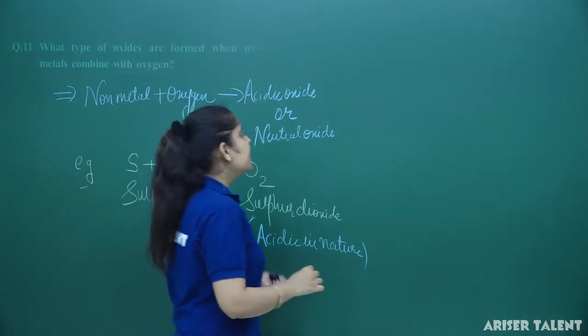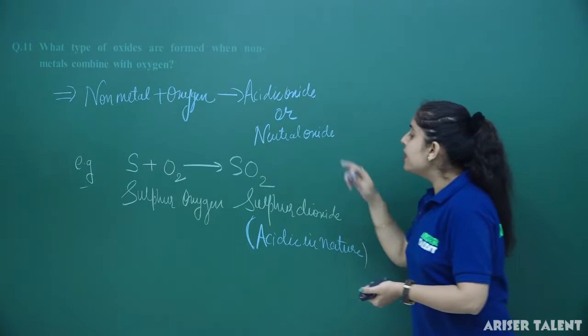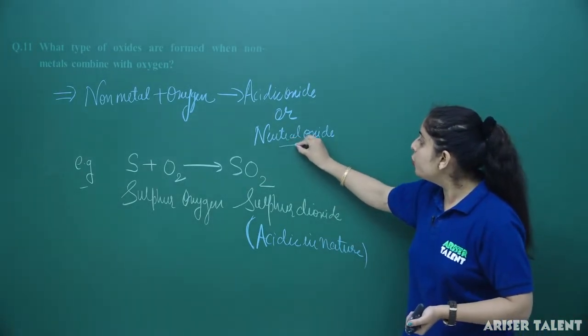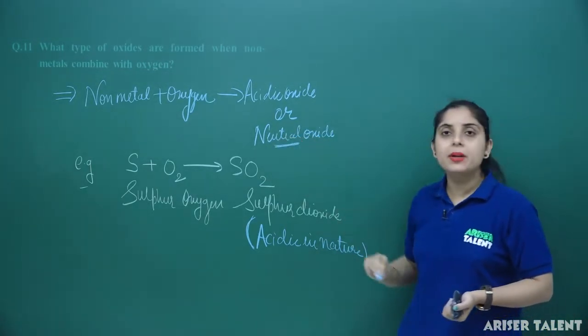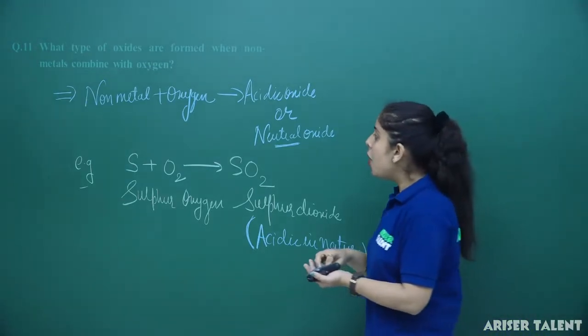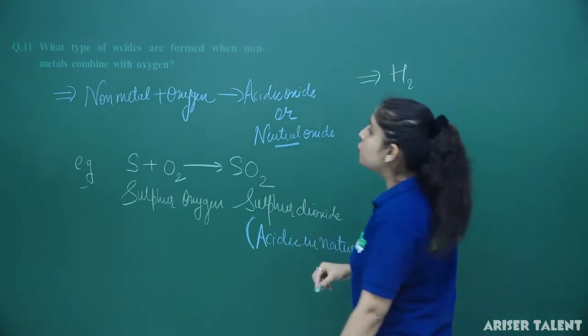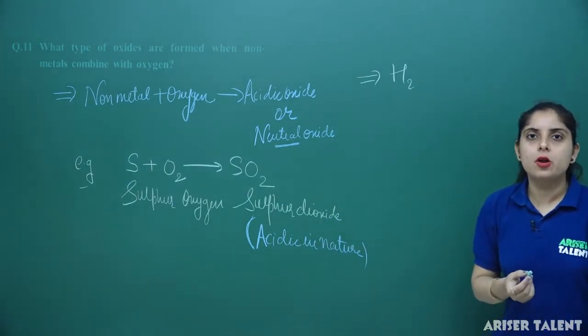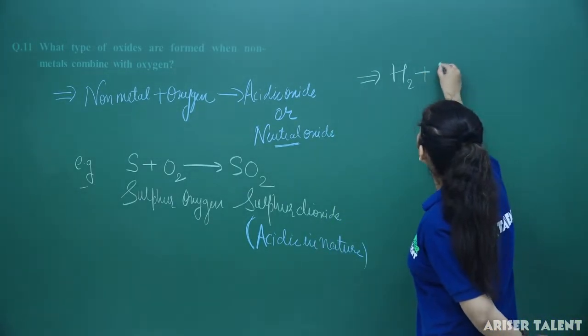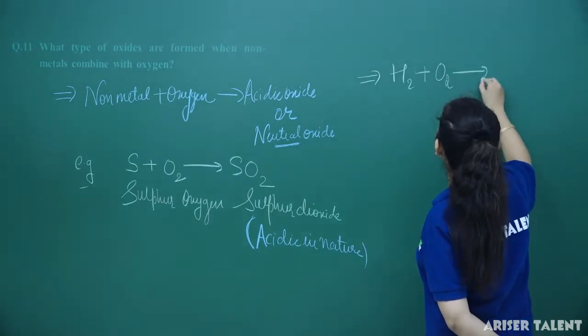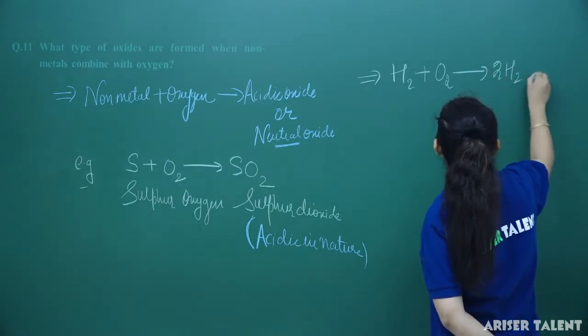Now, the next case is that a non-metal can also form a neutral oxide. So, how will the neutral oxides form? Suppose I am considering H2. H2 is hydrogen, which is a non-metal. Whenever a non-metal reacts with oxygen, it will form water.